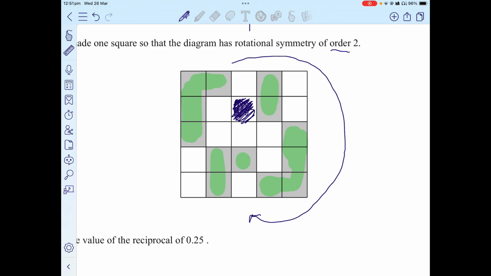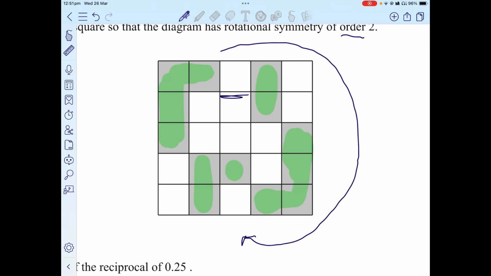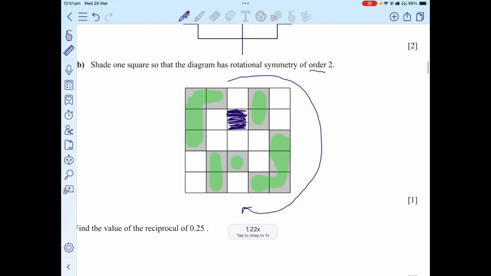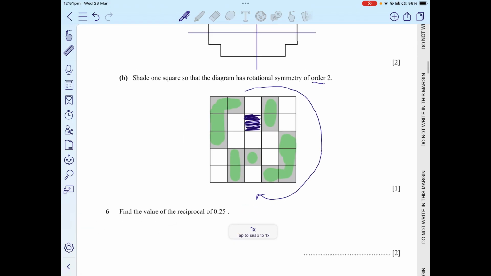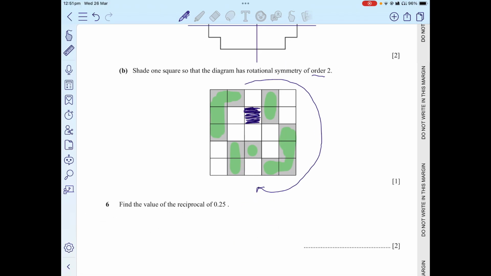So now if you think about it, rotate this shape 180 degrees. I'll not be able to show you how to do the rotation because this software does not allow me to show that. But think about it. If you rotate the shape 180 degrees, it would look exactly the same as it is looking right now.